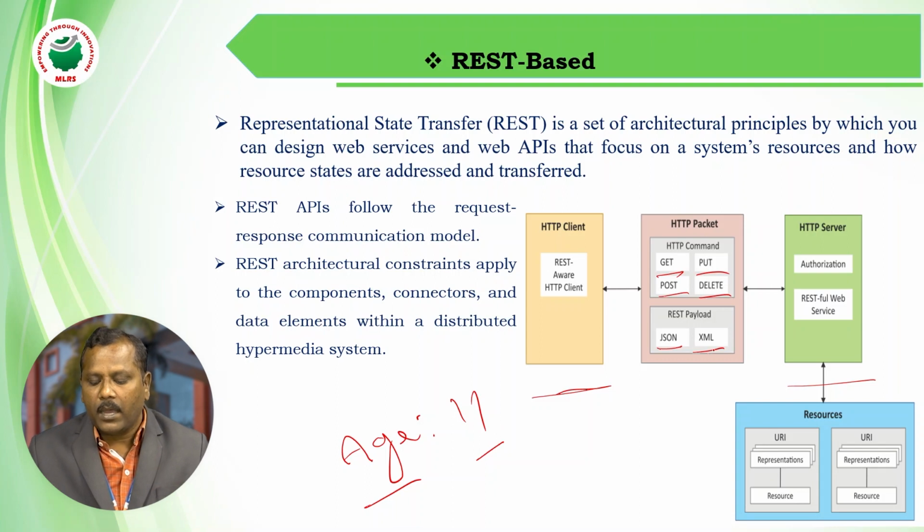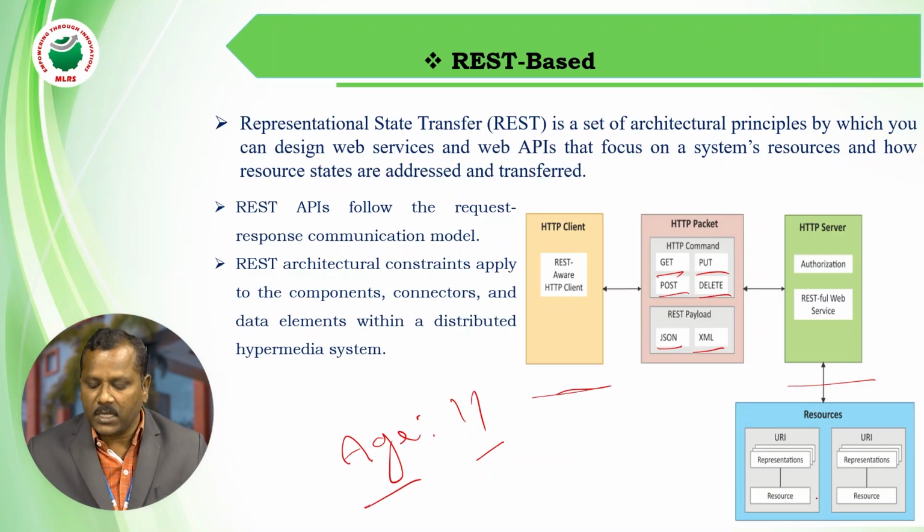Next, XML, extensible markup language, is in the form of a tree structure. Open tags and close tags are there. These are the languages used in communication between the client and the server.